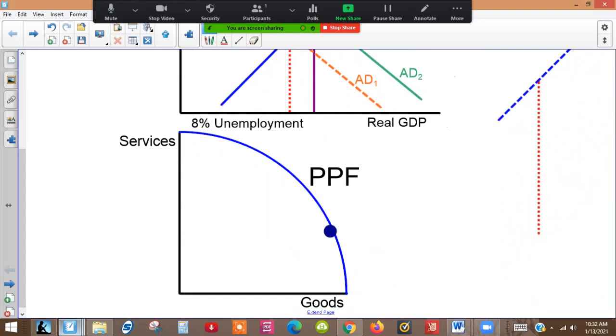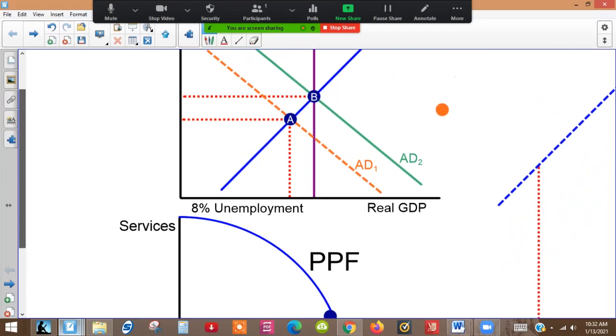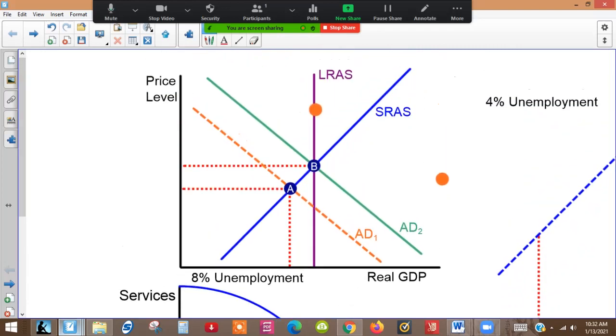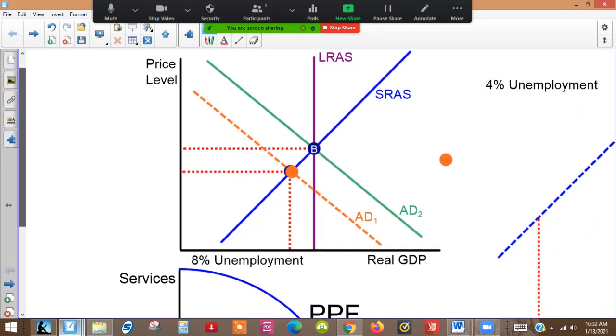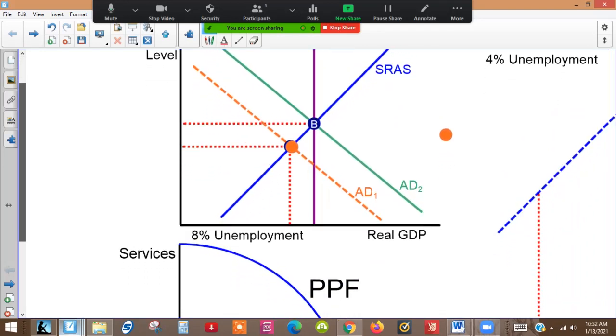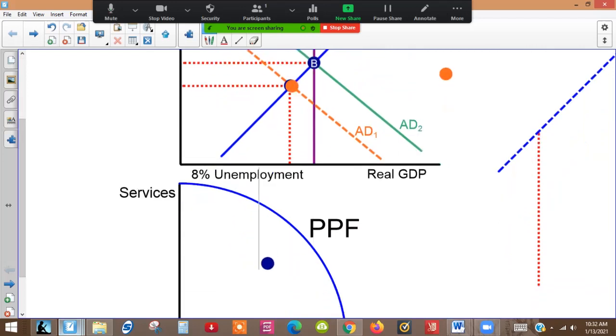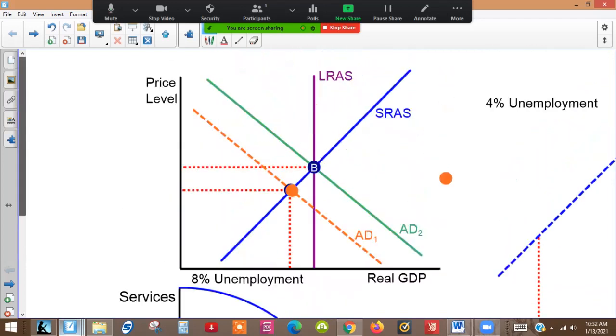But our starting point here is going to be point A, which is below potential, below full employment, or actually above the natural rate of unemployment. So we're actually somewhere in here. Okay, so that's where we're going to start.